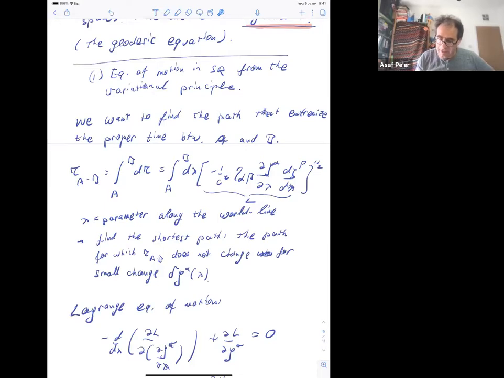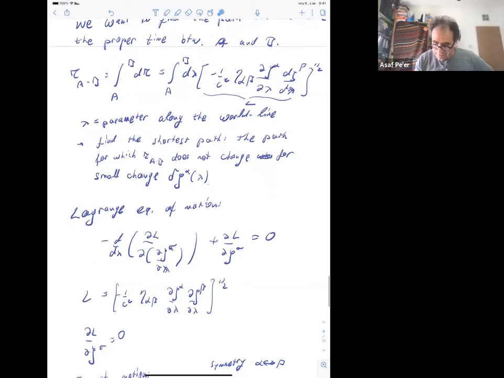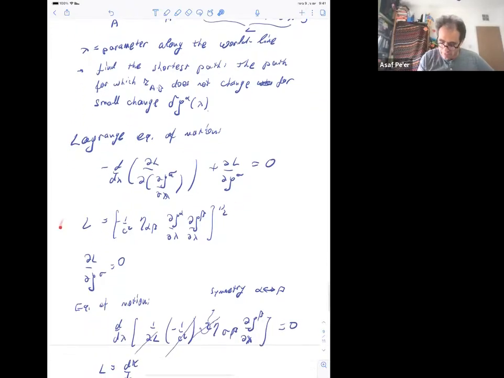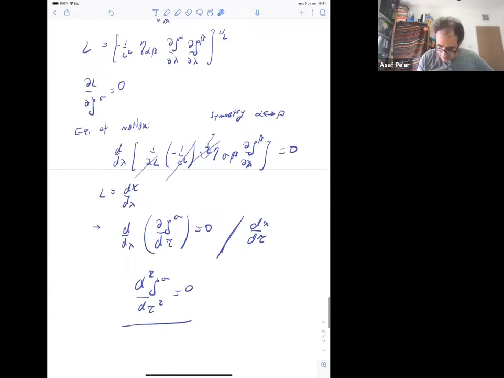And then I said, okay, now this is analogous to the Lagrangian. So this will be the Lagrangian L, right? Lambda is simply a parameter. The Lagrangian here would just be d tau over d lambda. And then I can just use the Lagrange equation of motion, the same format you're familiar with, and just plug in the expression for L. And I immediately, nearly automatically, get the equation of motion, which is the same equation of motion for a free particle.